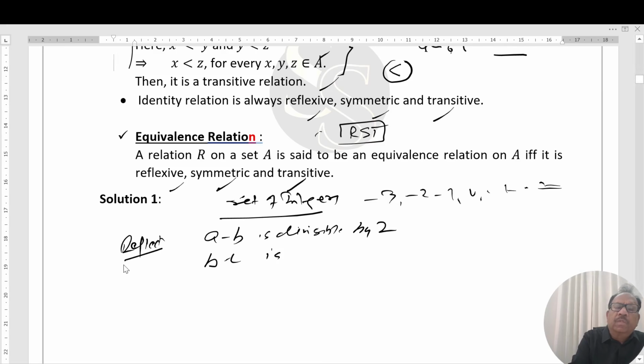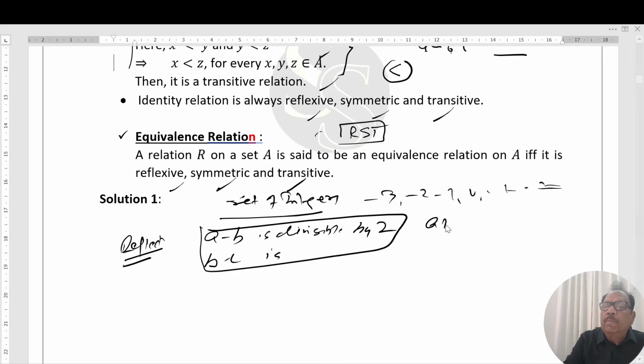For reflexive, we consider ARA. ARA means A minus A equal to 0, which is divisible by 2.